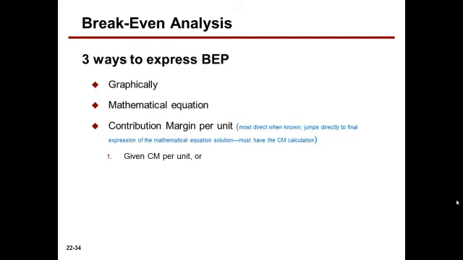Expressing a break-even point using contribution margin is easiest if the contribution margin per unit is straightaway given. Or a problem may give you both the selling price and the variable cost per unit, allowing calculation of the contribution margin per unit above.